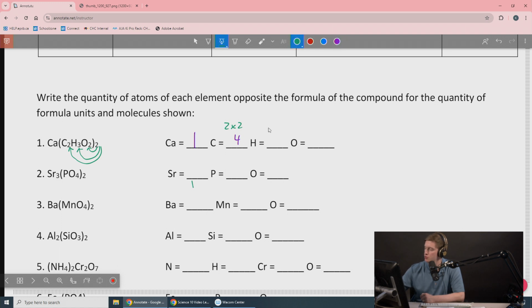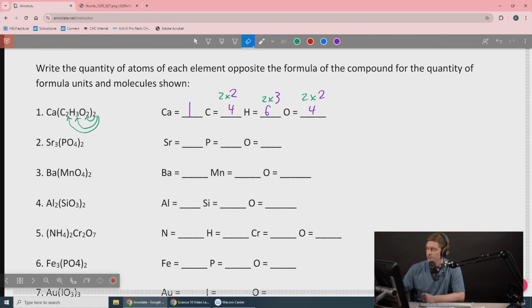That's going to be 2 times 3 for the hydrogen, so that is 6 hydrogen. And it's going to be 2 times 2 for the oxygen. That's 4 oxygen.